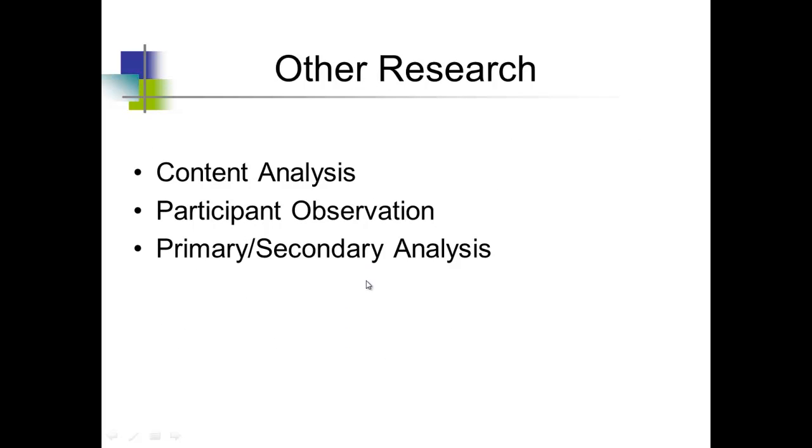There's other types of research out there. There's content analysis, which is basically when you do analysis of the content of an organization's materials. You could do this with, for example, an advocacy group.